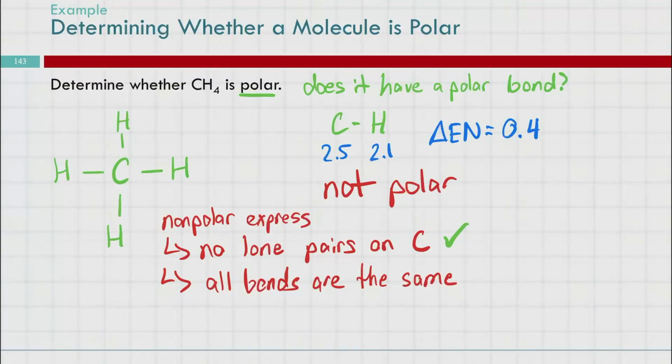Is that also true? Are all bonds the same? They are all the same. And so CH4 is nonpolar. It meets both conditions for our nonpolar express, and so it is nonpolar.